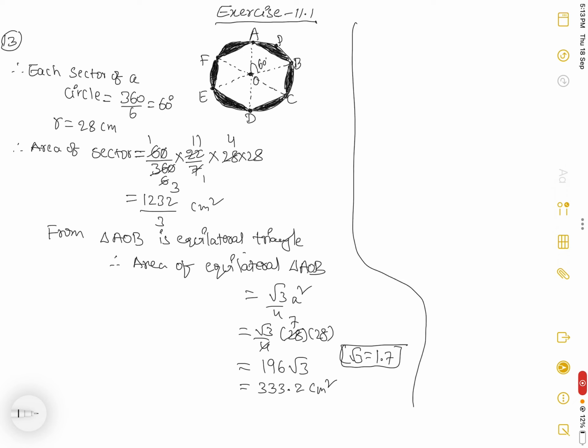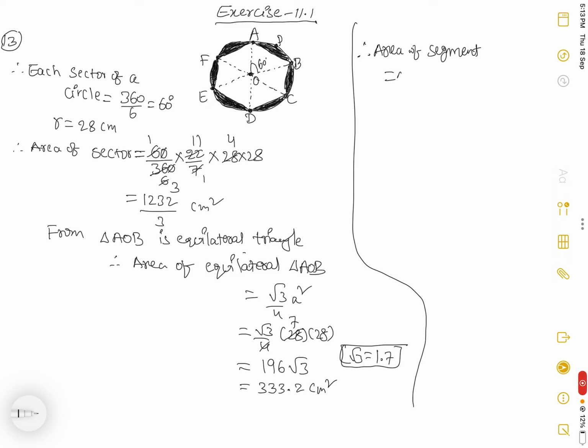Therefore, the area of the segment, that means the area of the design, equals the area of the segment.